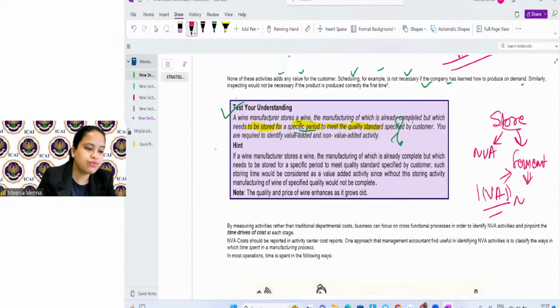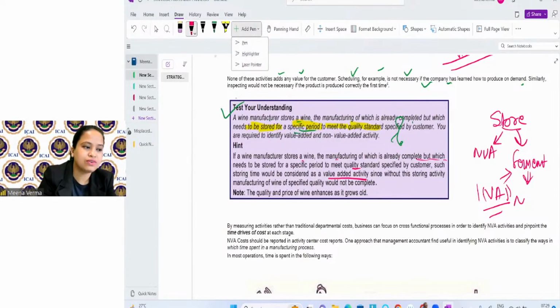All right. So if a wine manufacturer stores a wine, the manufacturing of which is already complete, but which needs to be stored for a specific period to meet the quality standards specified by the customer, such storing time would be considered a valuated activity.